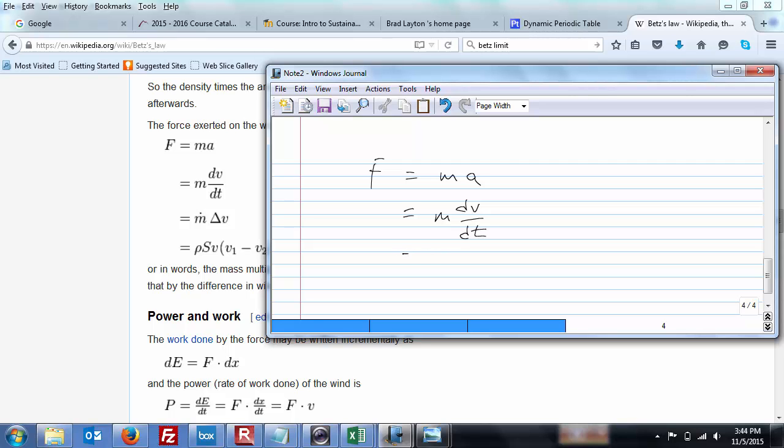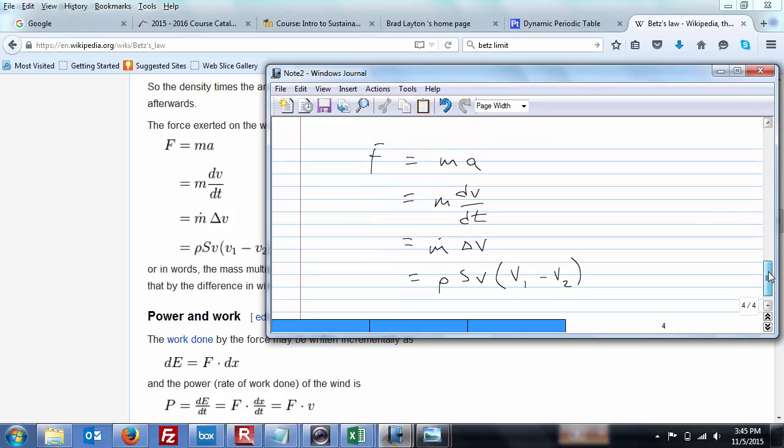So he writes it as m dot, again our little friend m dot, times delta v, the big change in velocity. So we already know that the mass flow rate equals rho S V. And now the change in velocity, well, that's just what the velocity was going in minus the velocity going out.